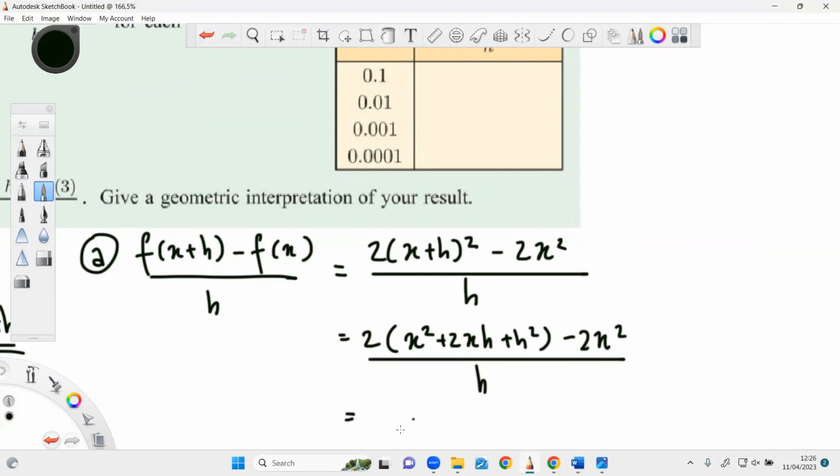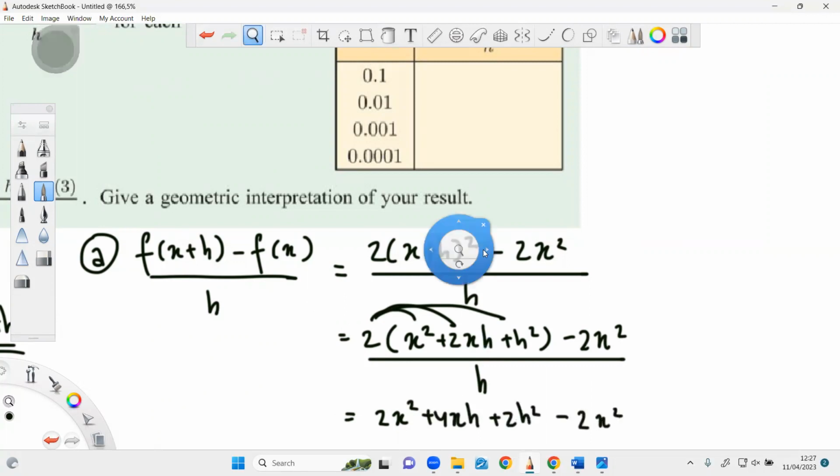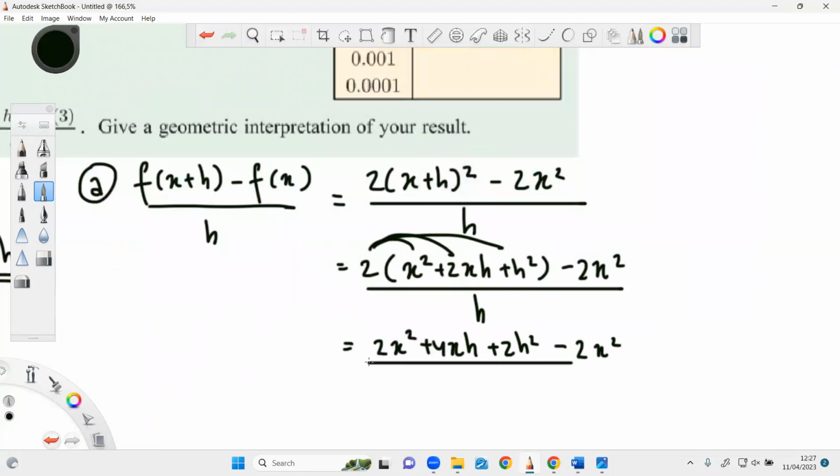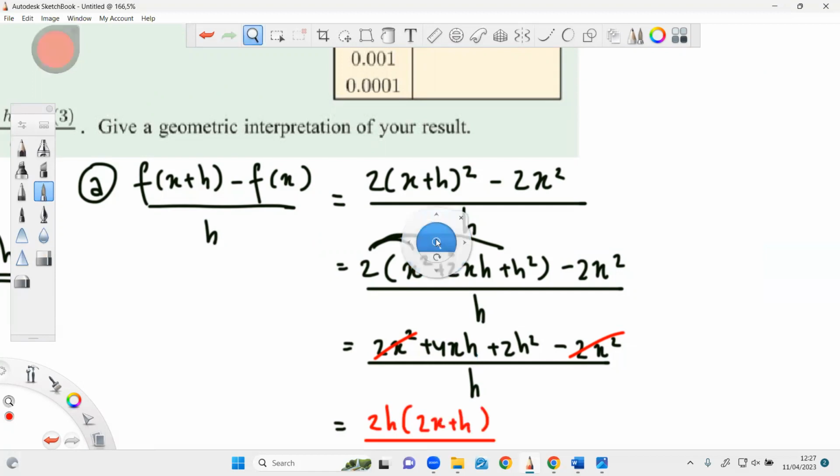Okay, and then we can expand like this, right? You can cross out the 2x squared minus 2x squared, and you can factorize the top: 2h bracket 2x plus h over h.